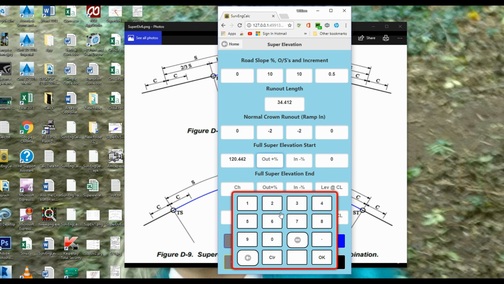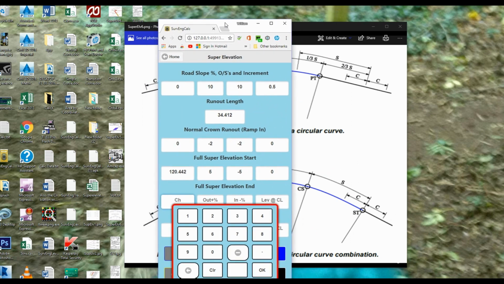And the super elevation is going to be 5 on the outside. On the inside, it's going to be -5. It already knows that. Now we're looking for the end of full super elevation, which is obviously the end of the curve there.